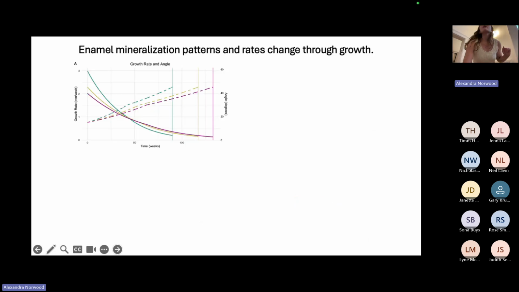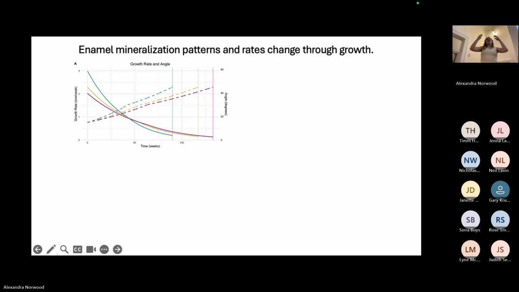That might be a little small to see in the back, and I'm sorry about that, but I'll try to explain so you don't need to see so much. This first, or I should say, your enamel grows at different rates and different angles through time. So instead of just having these layers that are laid down, the rate of those layers growing and the angle that they're growing at is changing.